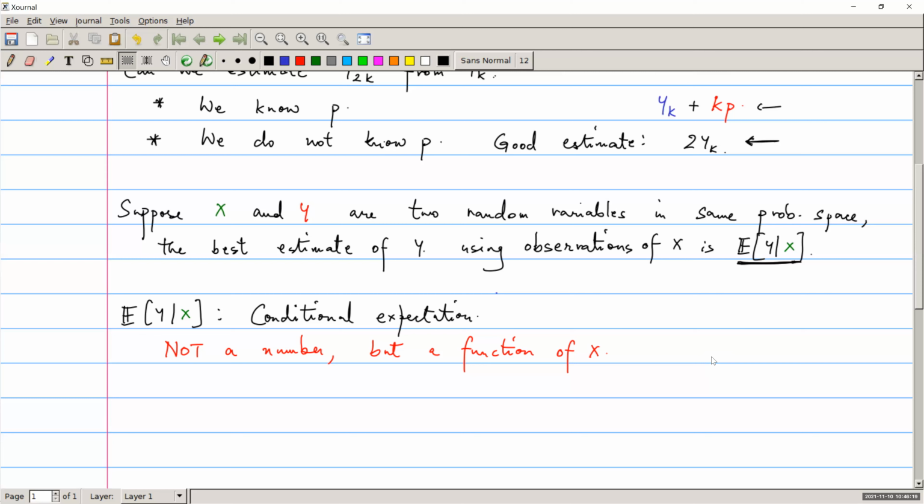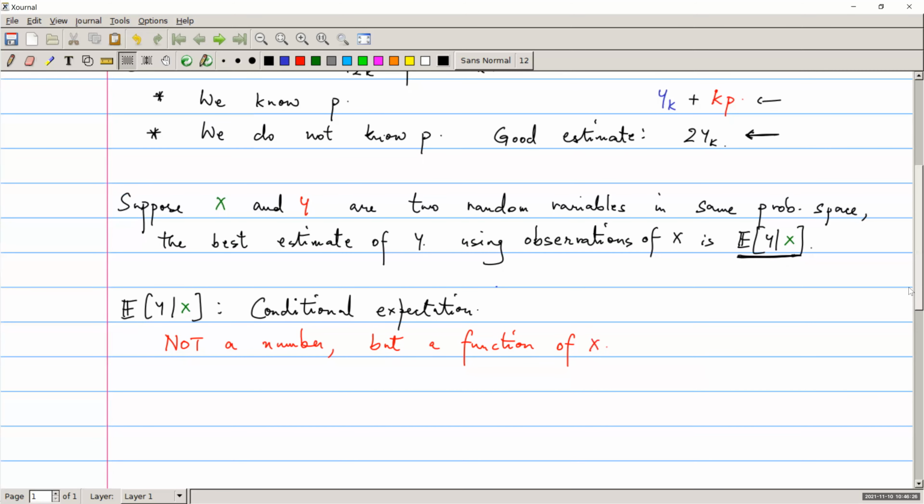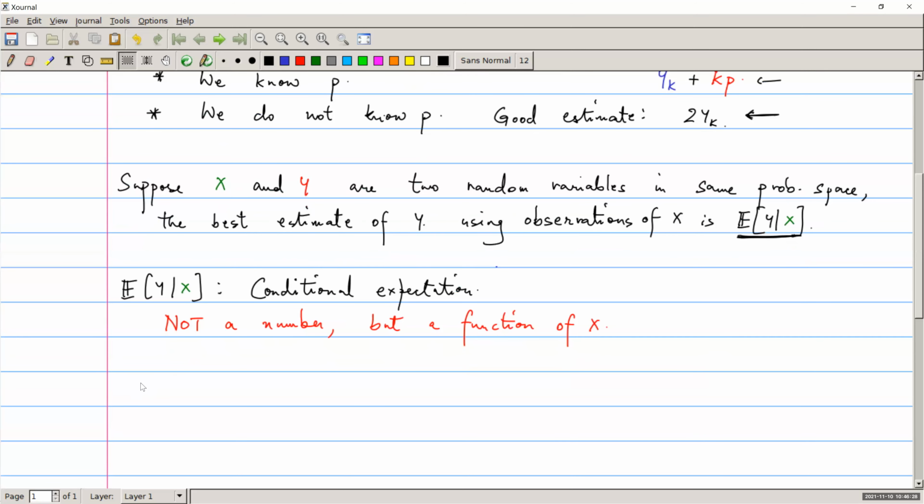So we are going to define what this quantity really is. To do so, we look at the event that the random variable capital X takes on the value little x. Now this is an event.